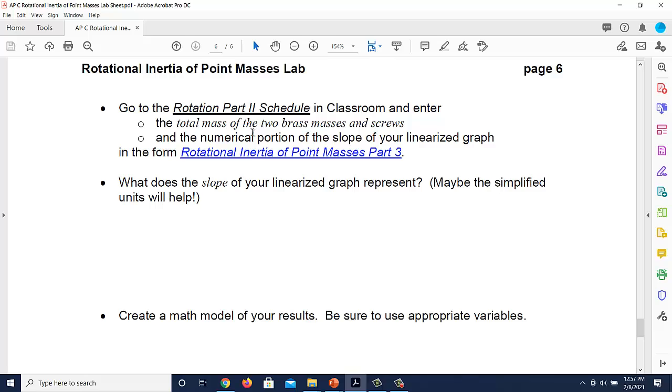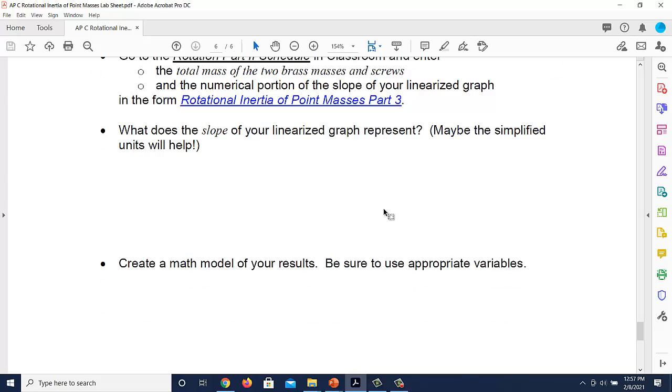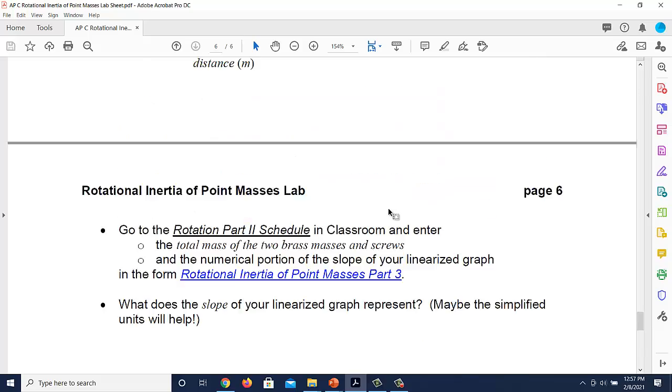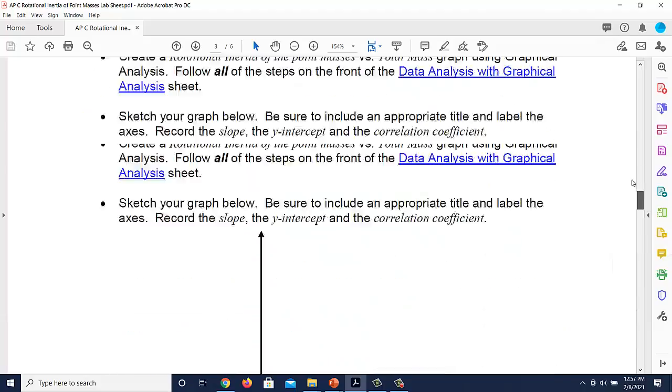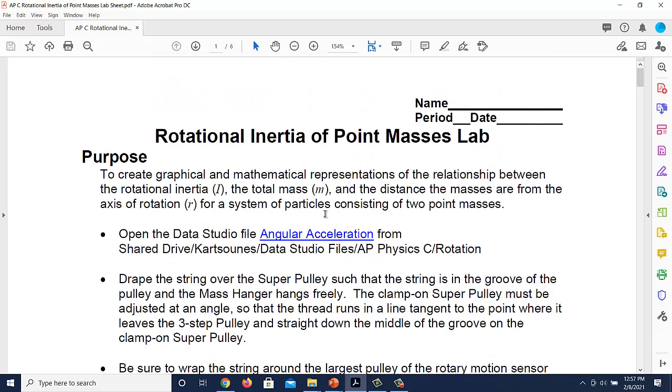Again, there's another part where you have to go in, make sure you're opening the correct Google Doc. It's part 3, and entering in your information there along the way, and making math models and all that good stuff. And then in the post lab, I am going to show you how to take the 2 parts of the lab and shove them together into one math model for the rotational inertia of point masses.